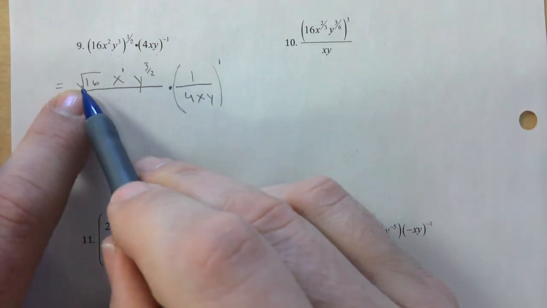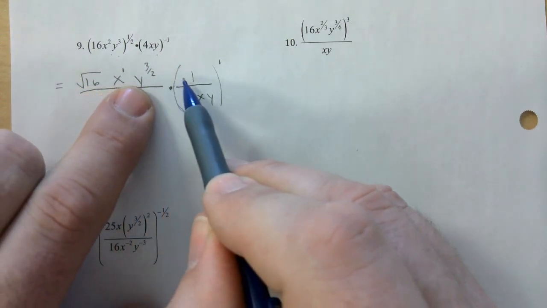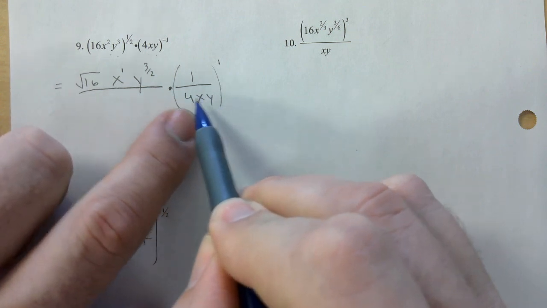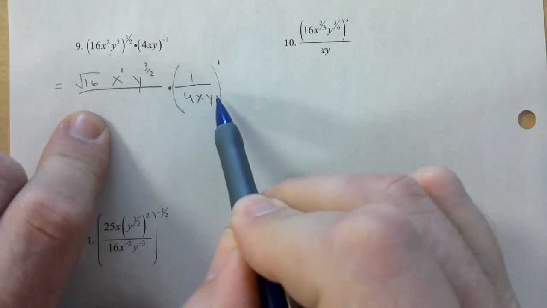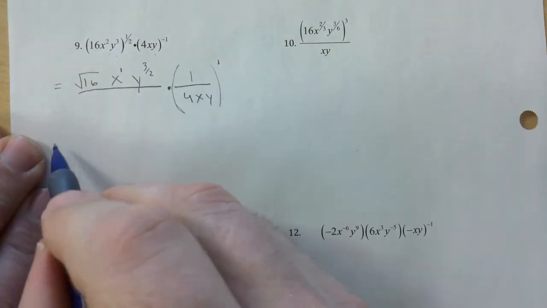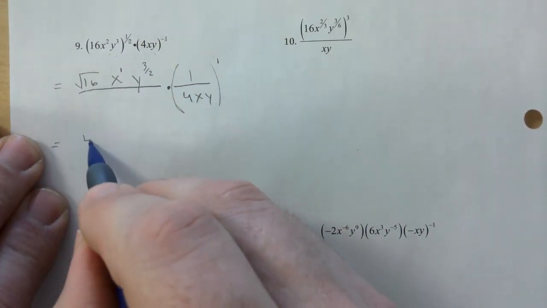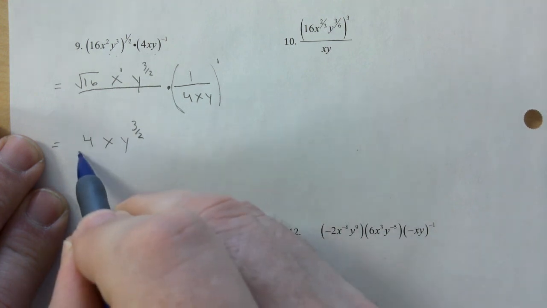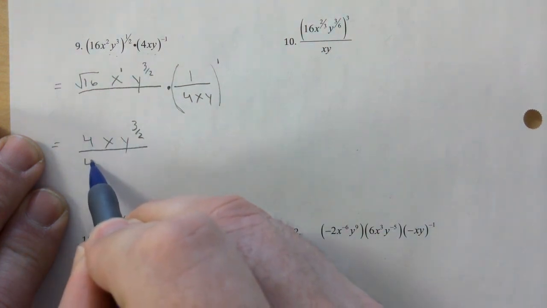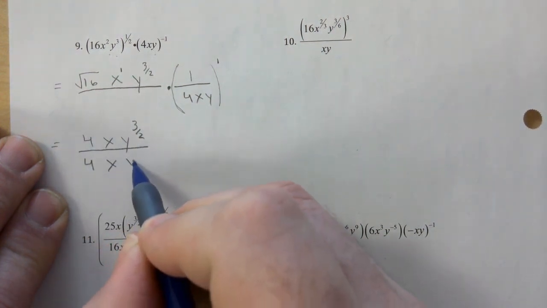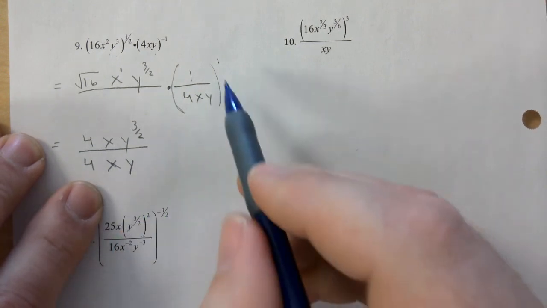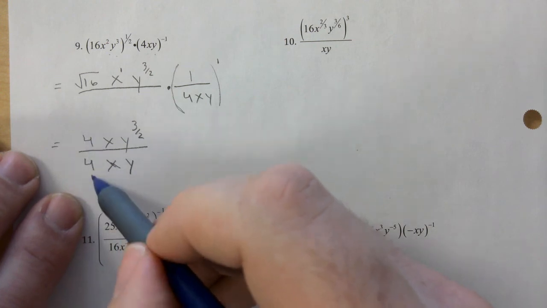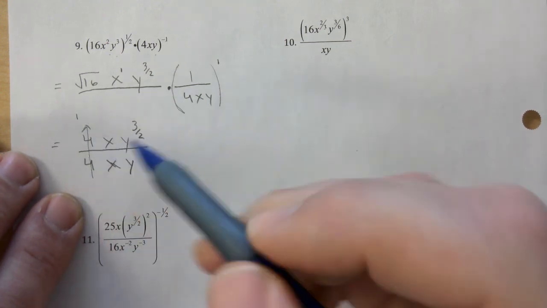And now technically all of this that is multiplying up here is in the numerator, and everything that's down here is in the denominator, all across. So you can technically rewrite it as 4x y to the 3 over 2 over 4x y. This goes to just 1.